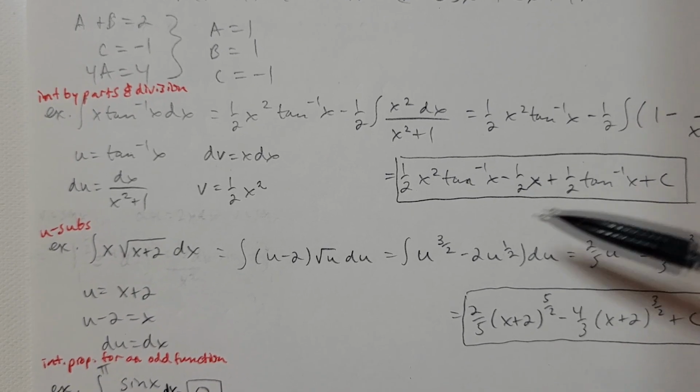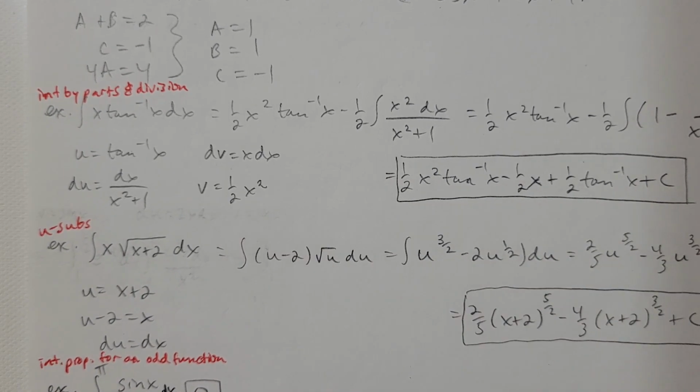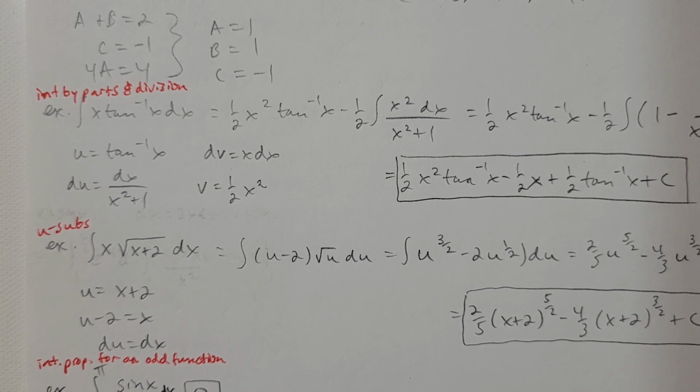Now what if we want to integrate this problem here, which is x times tangent inverse of x dx. Okay, so because I got x times a function, that kind of suggests that I'd want to consider using integration by parts to begin with. In general, whenever you have x to the n times a function, you'll usually think integration by parts to start.